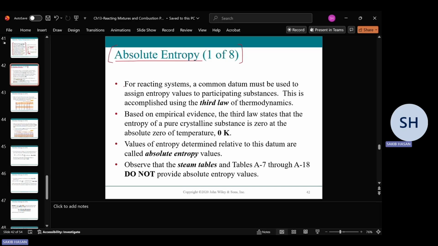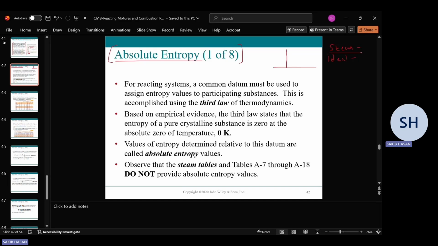In this final video, I will be going through the concept of absolute entropy. As we've seen before, when we were talking about enthalpy values, we wanted to find a common datum for reacting systems, because the different property tables like steam tables or ideal gas tables had different arbitrary datums.